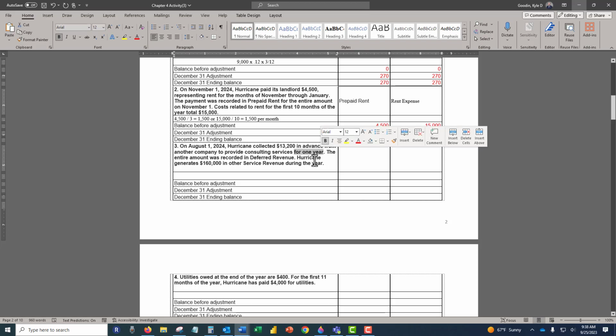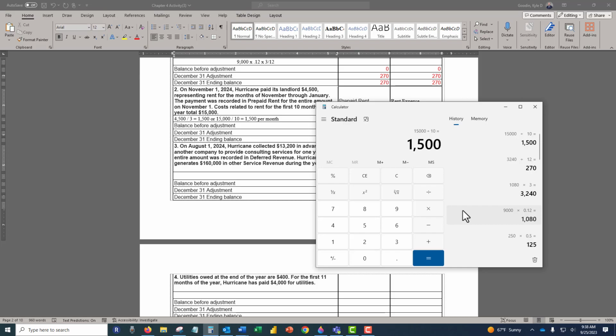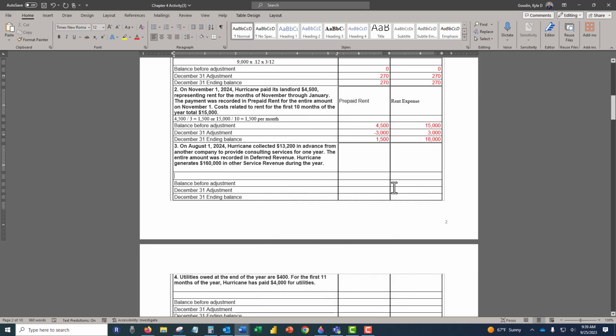What this tells us is that this is a contract, and so when you have a contract, you will recognize revenue evenly throughout the entire life of that contract. So this is going to be that $13,200 divided by 12. Okay, gives us $1,100 per month that we are going to collect in revenue.